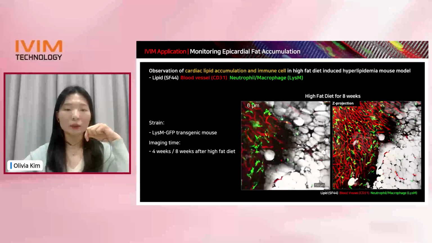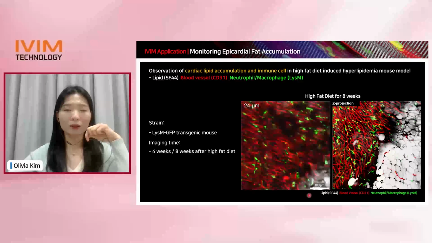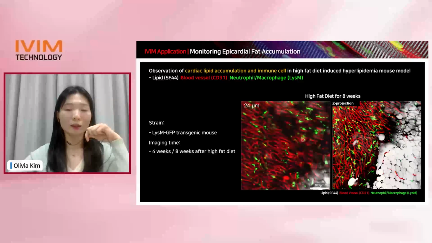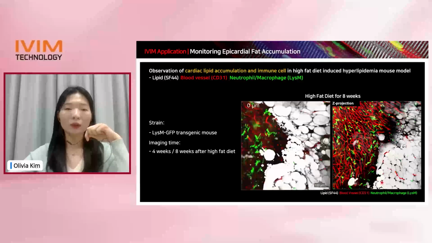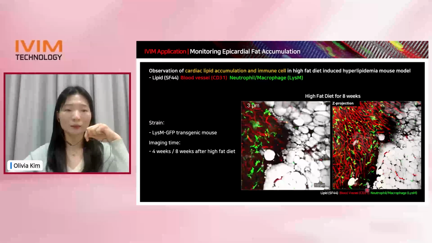As you can see in the video on the left, a large number of lipid droplets are accumulated on the surface of the heart. Moving deeper into the tissues, immune cells can be observed accumulating in the deeper regions. The image on the right shows a projection from the surface to deeper layers, allowing us to visualize both the surface lipid droplets and the deeper immune cell distribution at a glance.